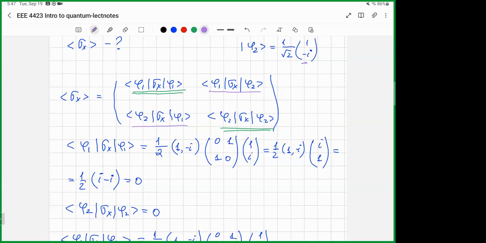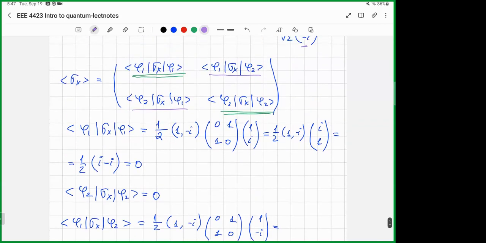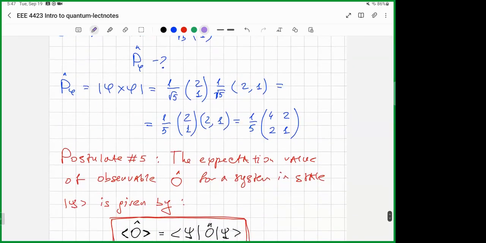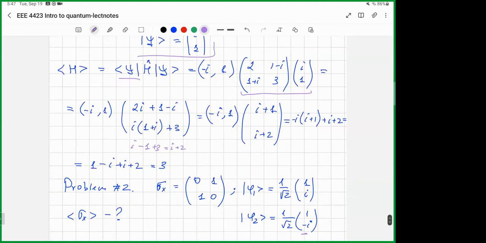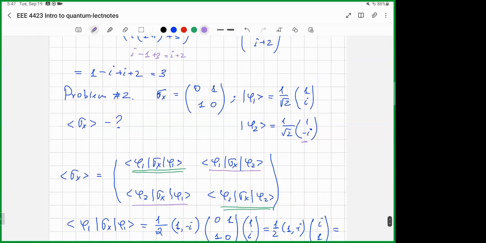So they play a slightly different role, but the machinery is the same. This is how we calculate these matrix elements of an operator in the given states. Okay, so that was postulate number 5.